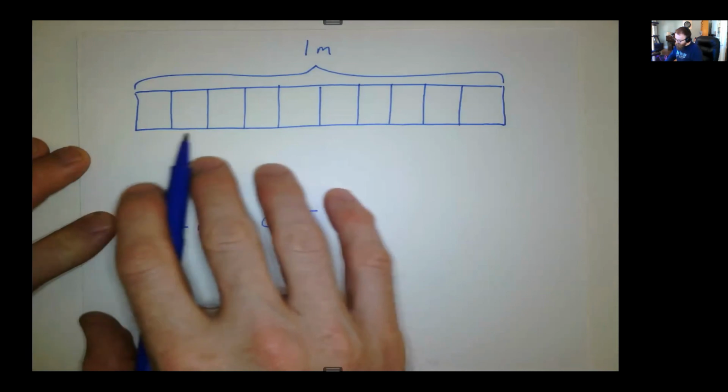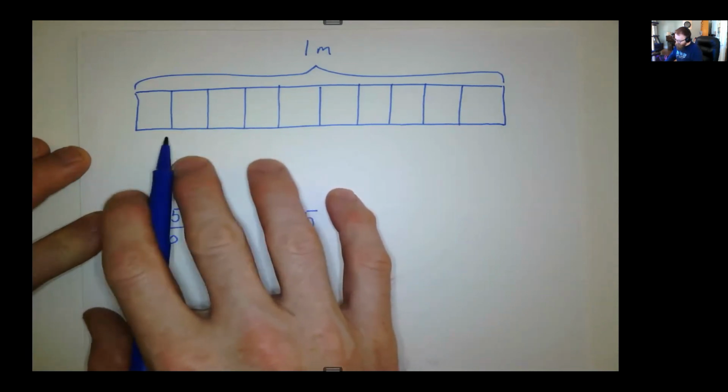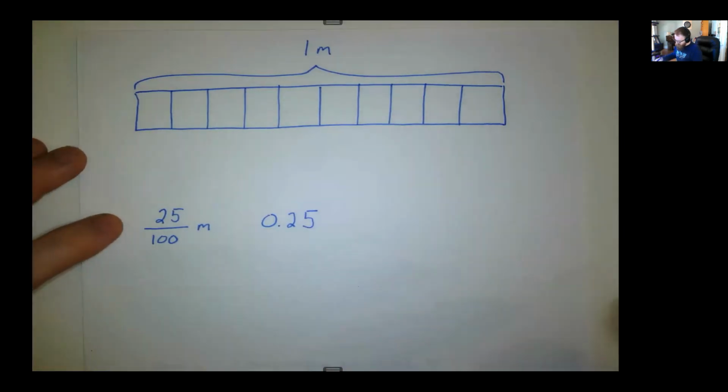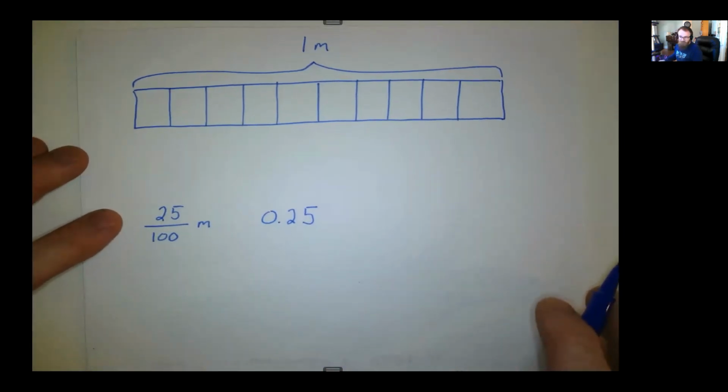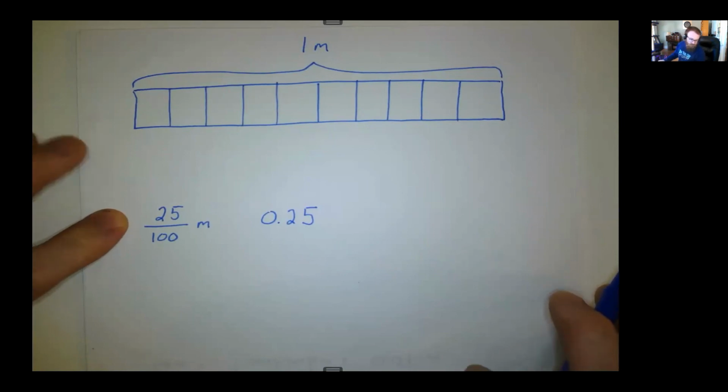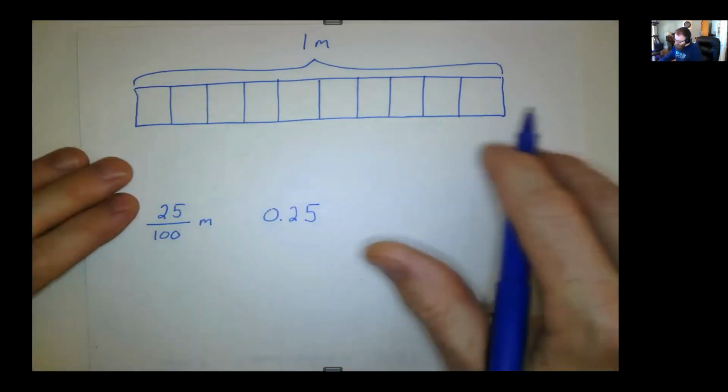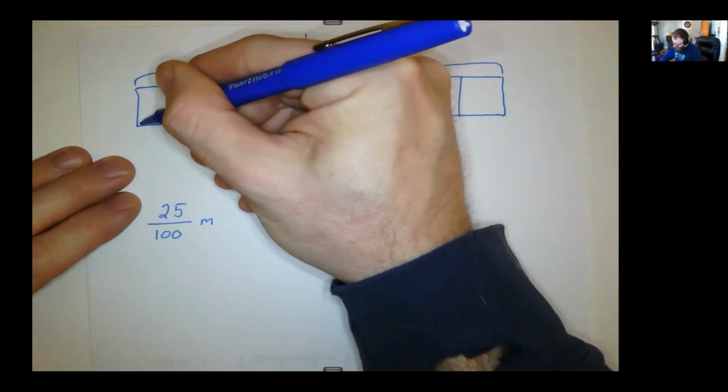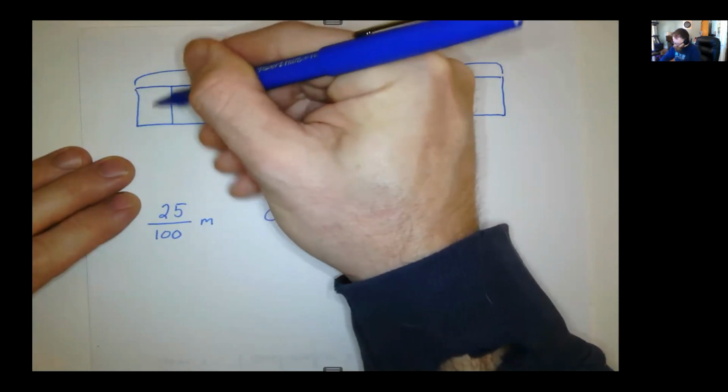So if we have 2/10 of a meter here, we know that each tenth of a meter contains 10 centimeters. So 2/10 of a meter together makes 20 centimeters. Each 1/10 of a meter contains 10 centimeters.